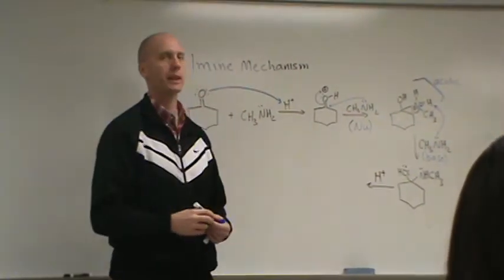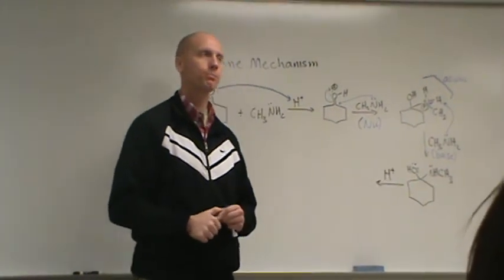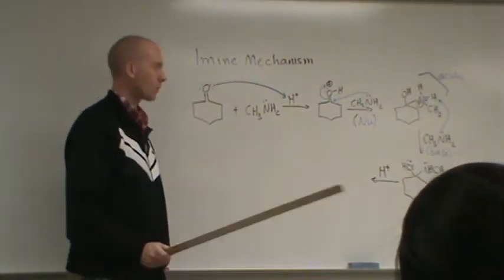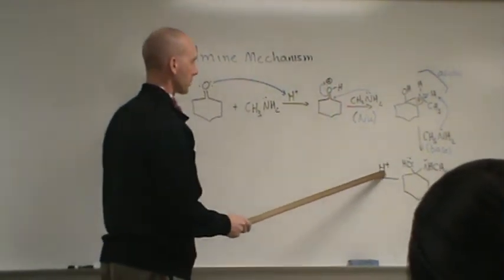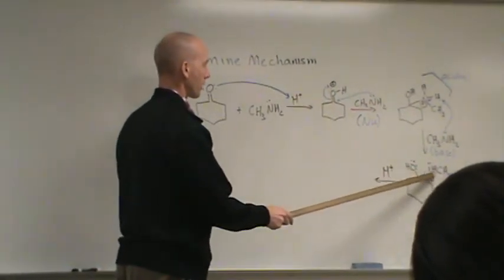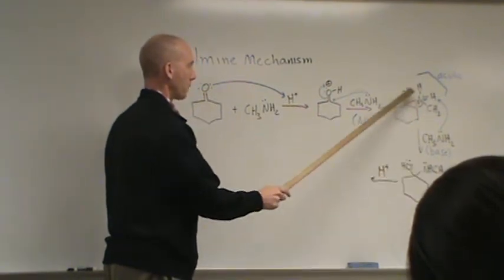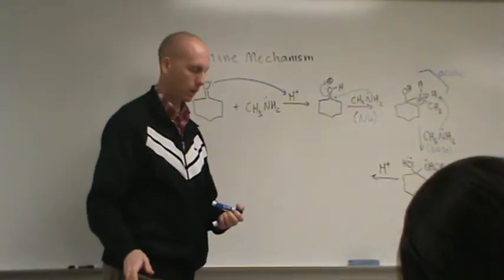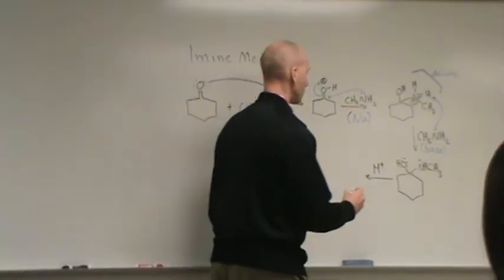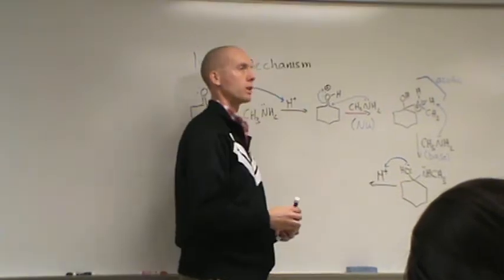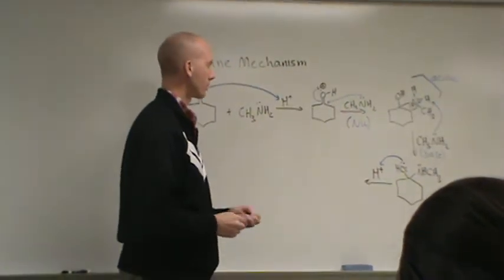So we're going to bring in another proton. And what's going to attack the H+? The oxygen or the nitrogen? Oxygen. If we do the nitrogen, we go backwards. So we don't want to go backwards. We want to go forward. So let's have an attack here.